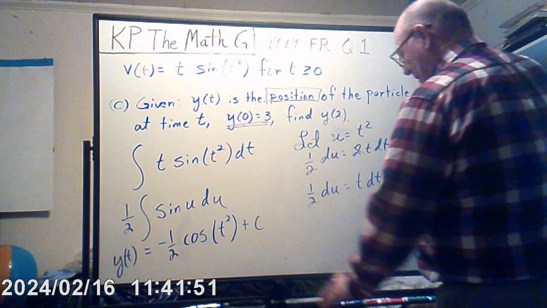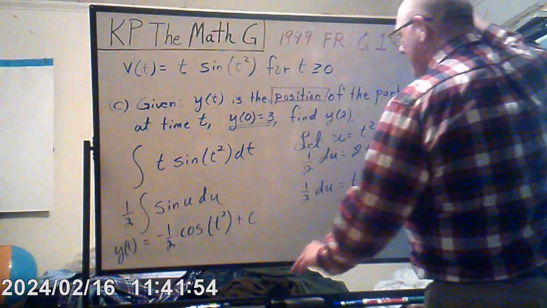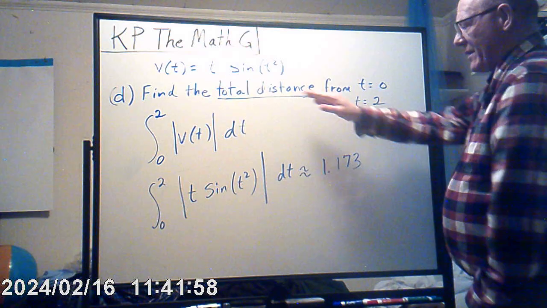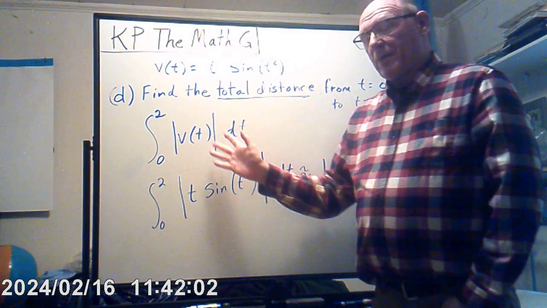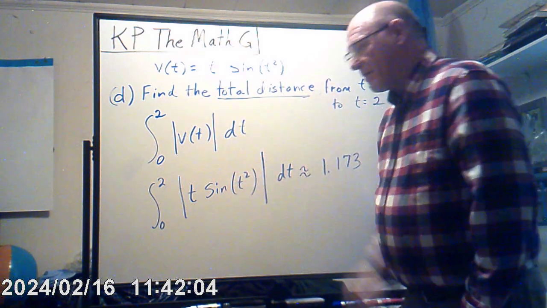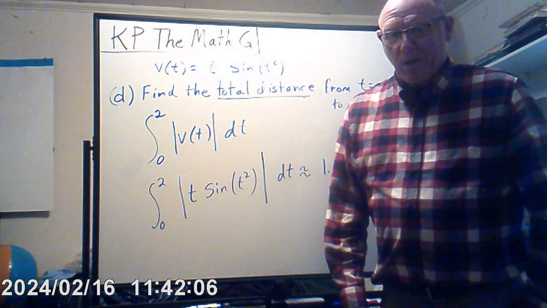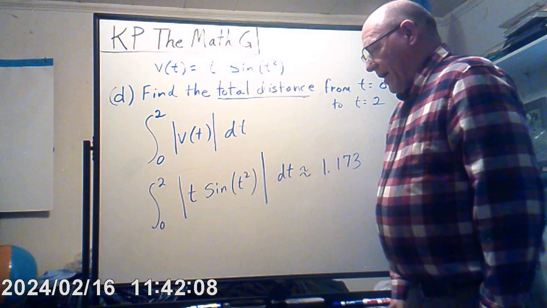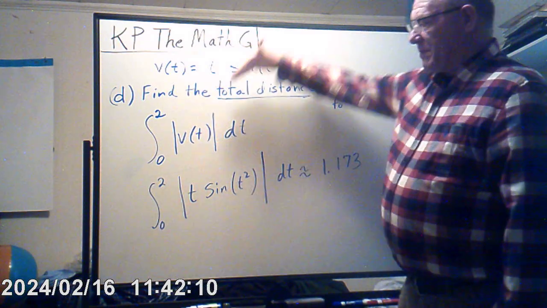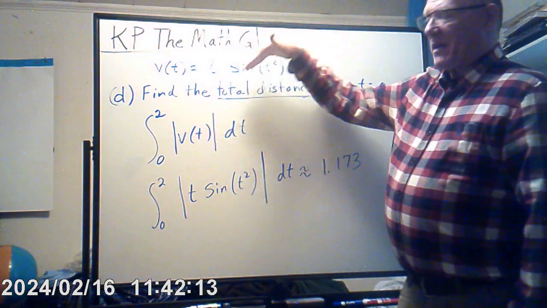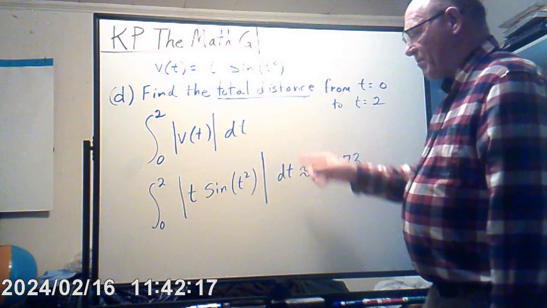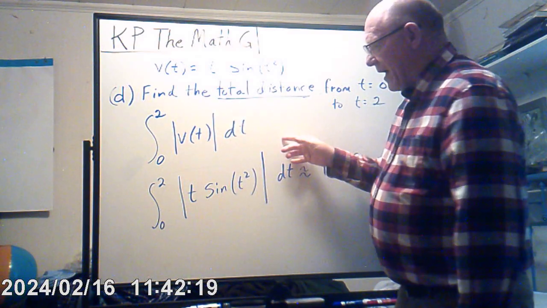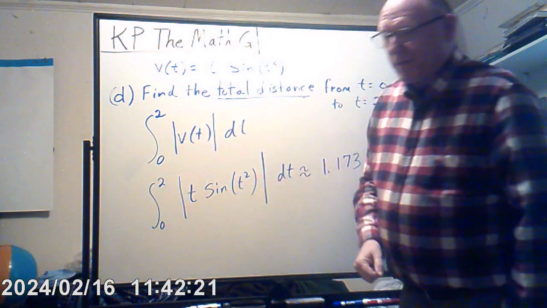And on this one, very quickly and easily, total distance, take that absolute value. Please don't leave off those absolute value bars. That's very important. If every position above the t-axis is positive, you can get away with that, but if you have part of the graph below the t-axis, you're going to need these.